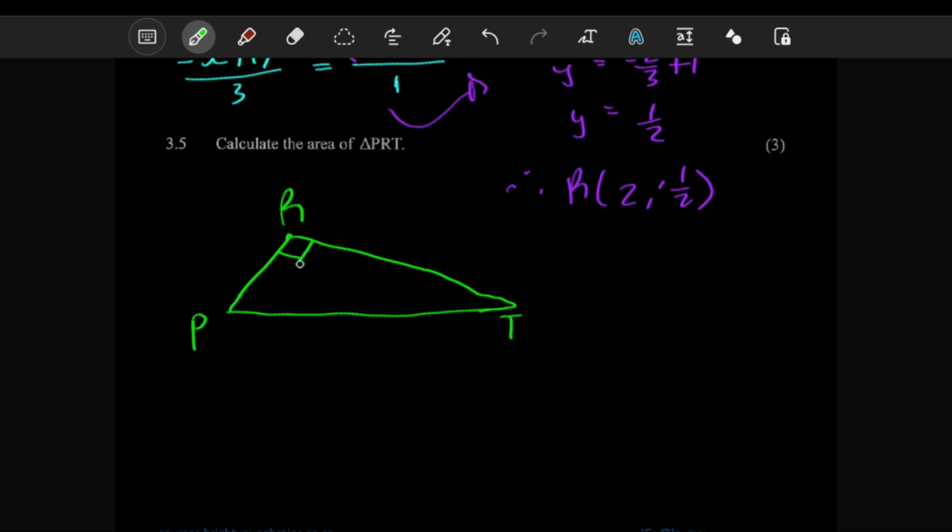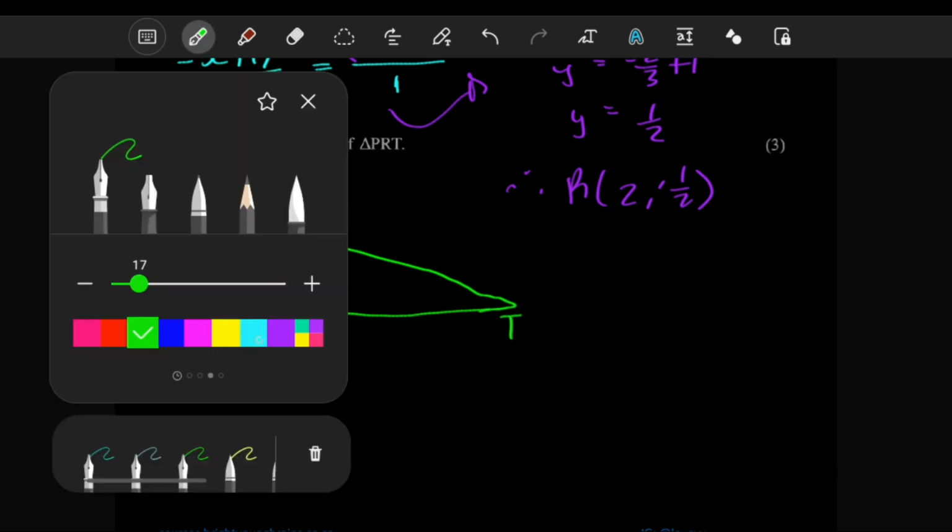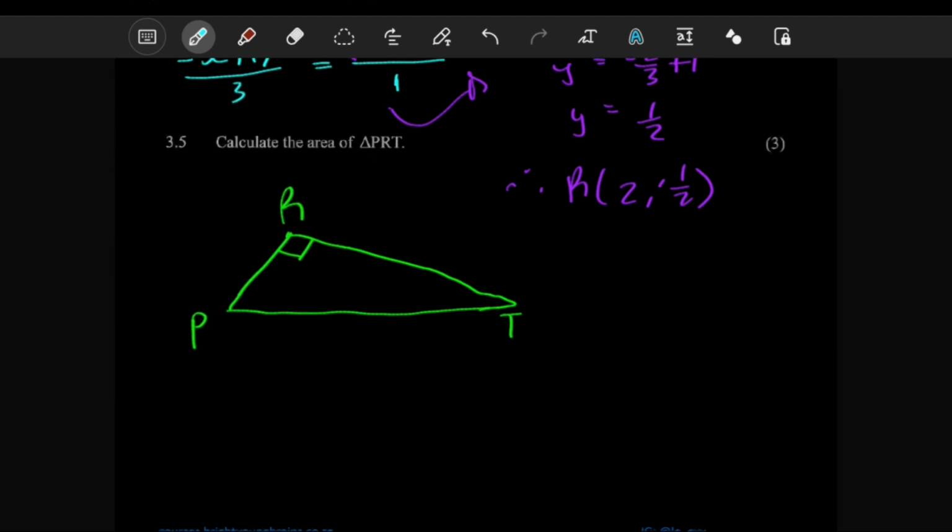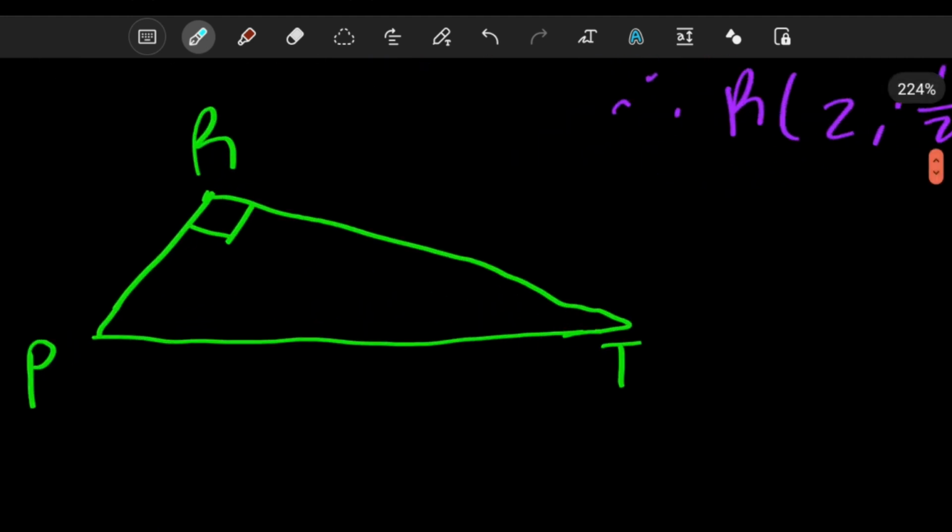Getting this distance and this distance and then doing half base times height like that is 100% fine. But another way I want to show you is, with a triangle, as long as you have this point here, if you draw it going straight towards any side, perpendicular to that side, you can look at this as the base, and this as the height.